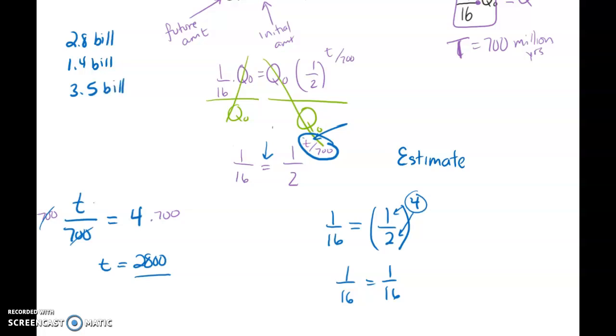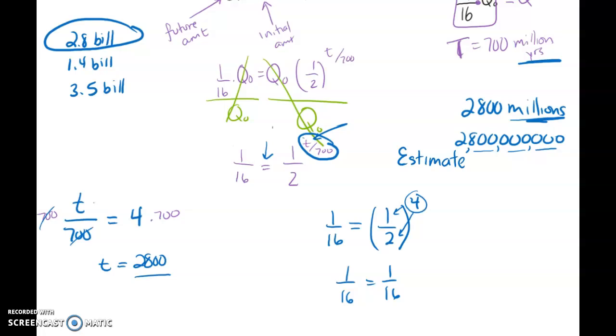And so when you say 2800, remember I said they have to have the same units. So 2800 million years, the word millions means there's 6 zeros. So 2800 million. But if you were to read this number, this would be thousands, millions, billions. So it's 2.8 billion. So I choose that one.